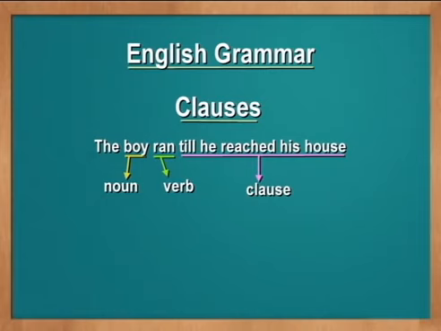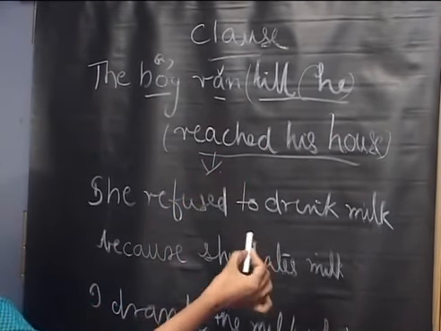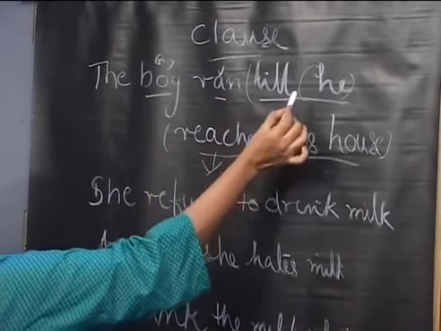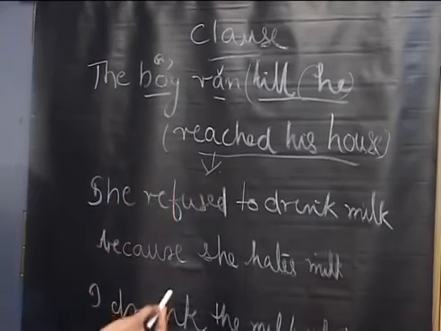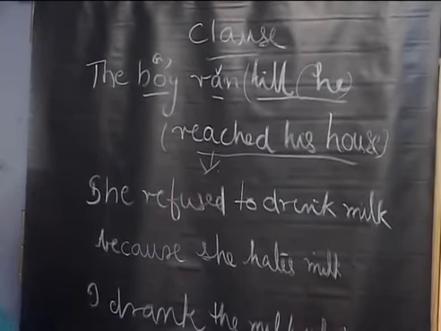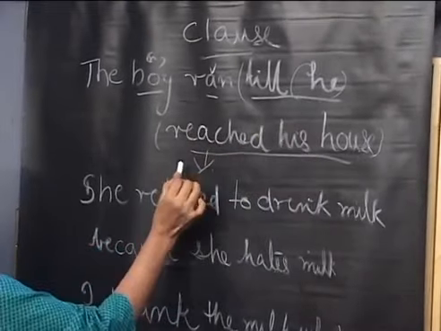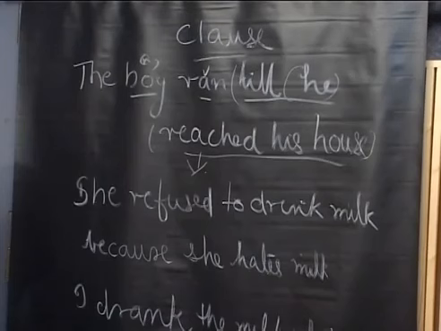So, here we have a subject doing an action, he reaching his house. When you have a subject doing an action, those groups of words are called clauses. In a phrase, you will never have a subject doing an action. You may have a subject, you may have a verb, but you will not have a subject doing an action.